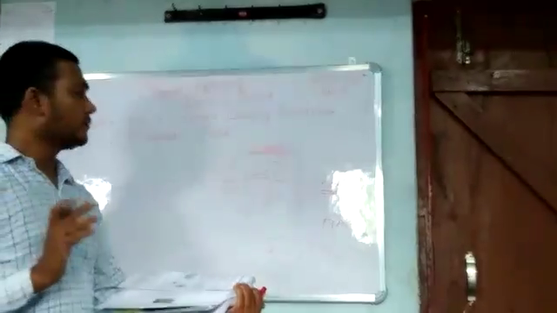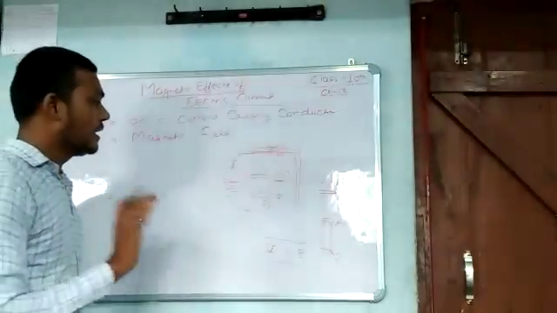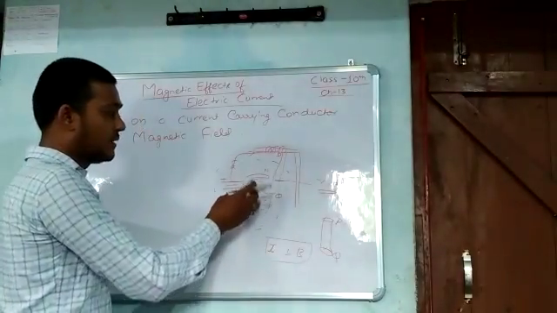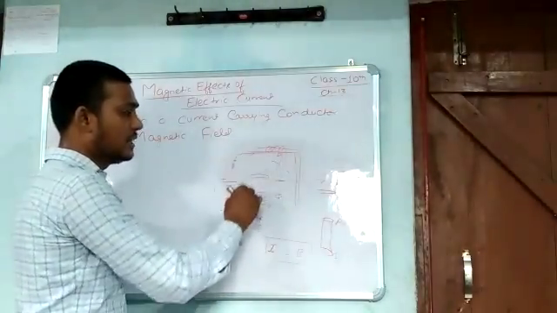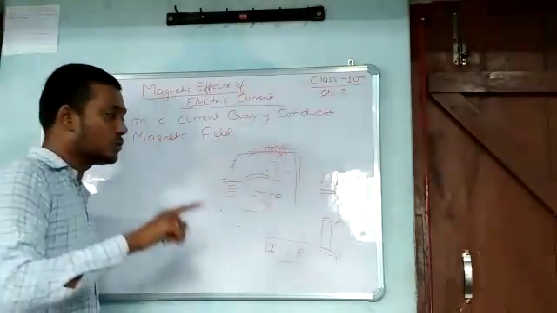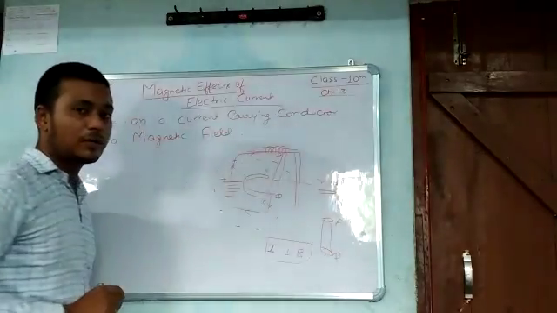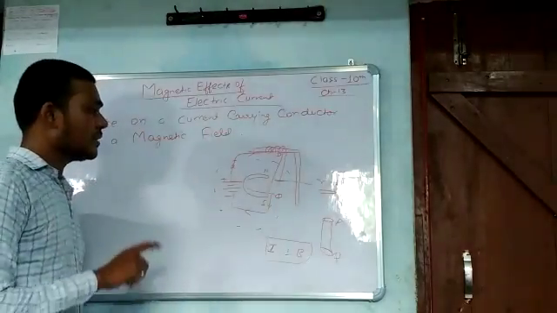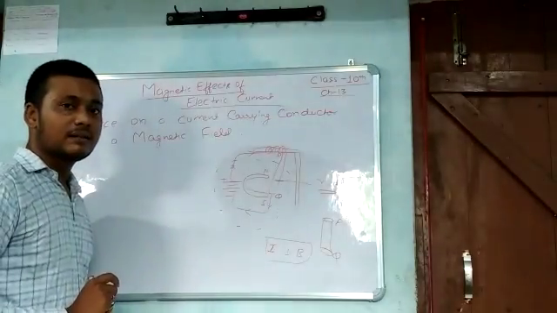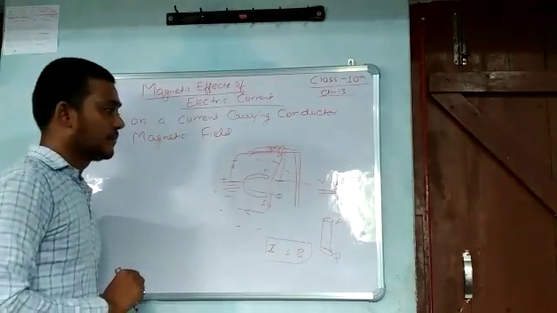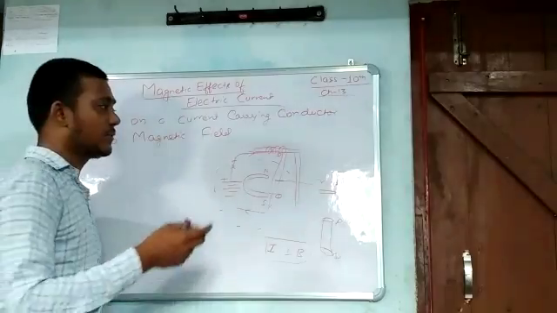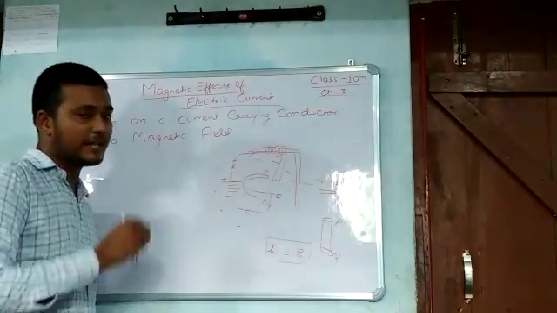Okay. So let us see what result we have. Whenever a conductor is placed in such a way that both ends of this conductor are perpendicular to the magnetic field produced by the north pole and south pole respectively, whenever current flows in this conductor, it also produces some amount of magnetic field, because if a conductor carries electric current, it behaves like a magnet.